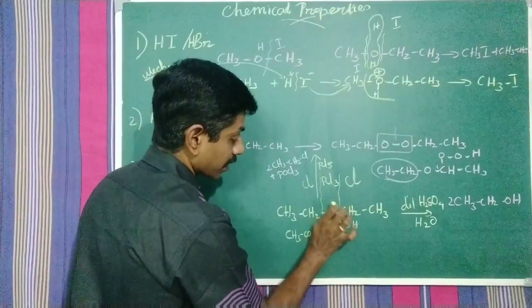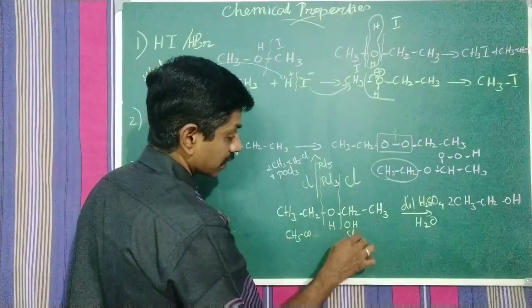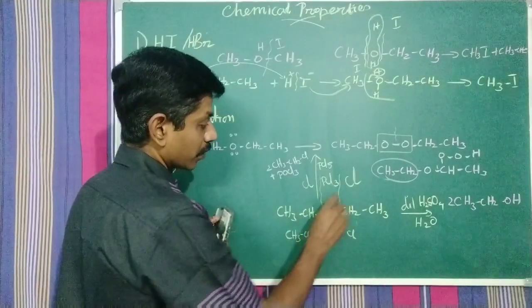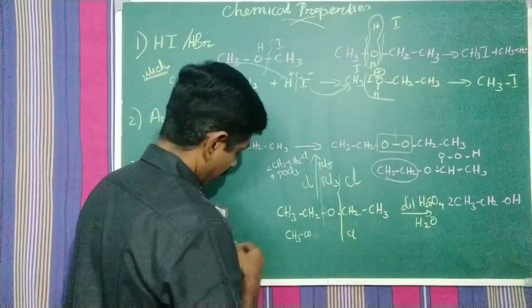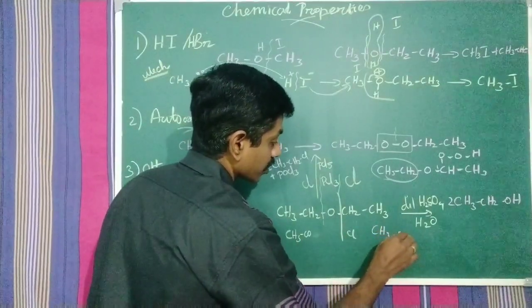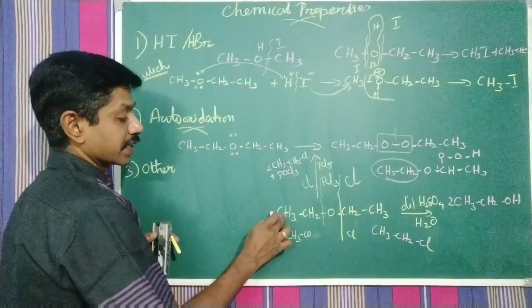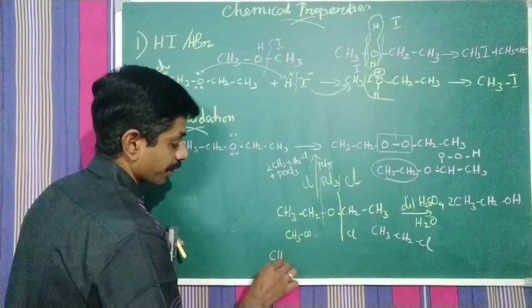One side CH3CO group is added, other side Cl is added. You can break it this way. So right hand side there is a formation of ethyl chloride, CH3CH2Cl. Left hand side you can see CH3CH2COOCH3.